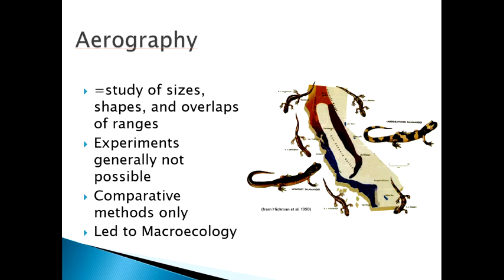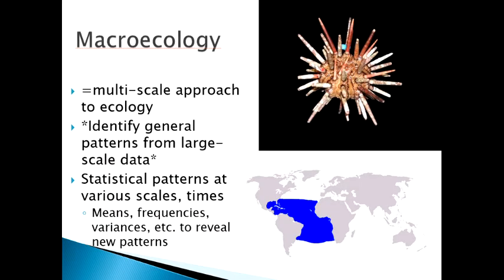This eventually leads to what we call it today, which is macroecology. So if you see an ecological work that has something like this, a map of the globe and a huge geographic range, it's probably falling under the notion of macroecology. General patterns from large scale data.